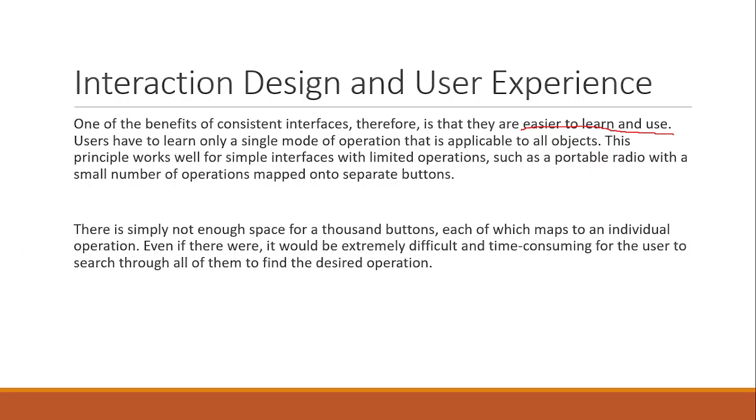Even if there were, it would be extremely difficult and time consuming for users to search through all of them to find a desired operation. A much more effective design solution is to create categories of commands that can be mapped into subsets of operations that can be displayed at the interface, via menus.